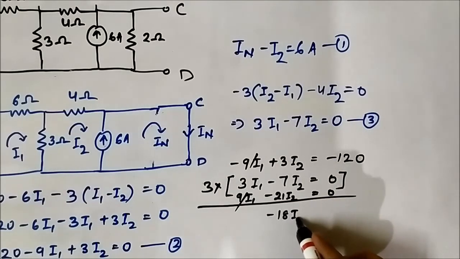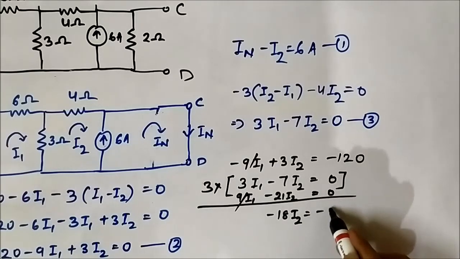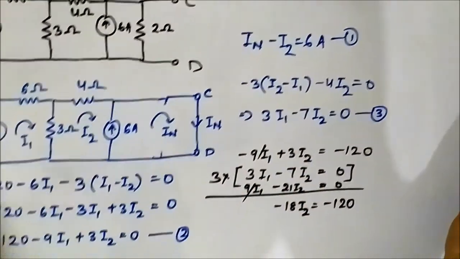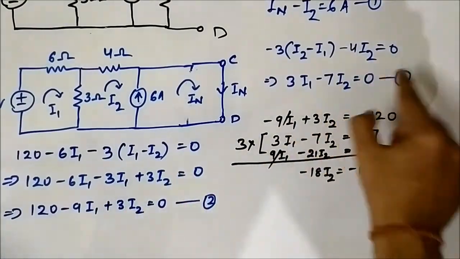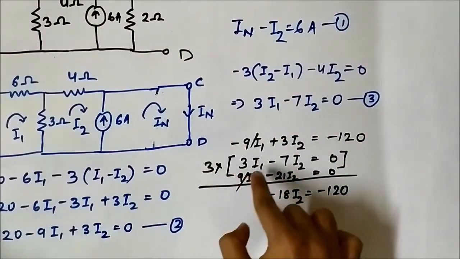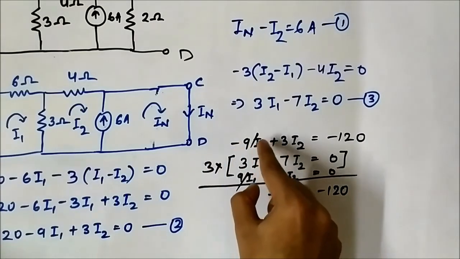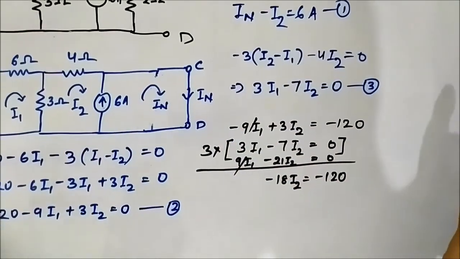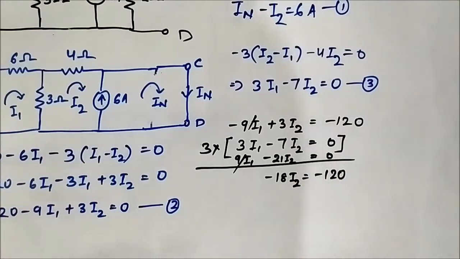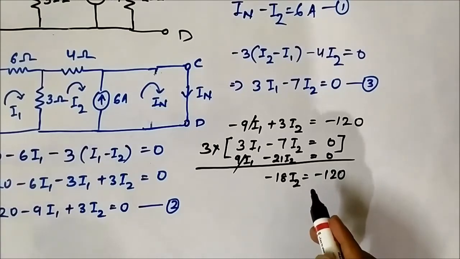Minus 18I2 is equal to minus 120 plus 0, which is minus 120. So we wrote equations 2 and 3, multiplied equation 3 with 3, and when we added, the variable I1 got cancelled, and we got the equation in terms of I2. We simply used the variable cancellation method. So minus 18I2 is equal to minus 120.